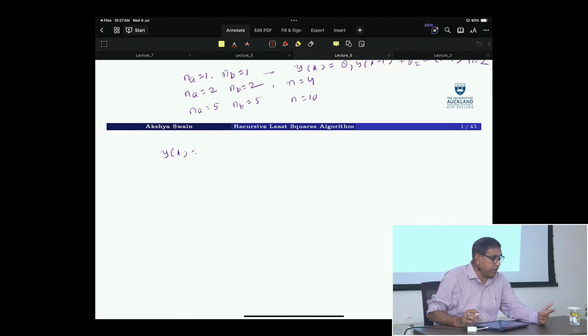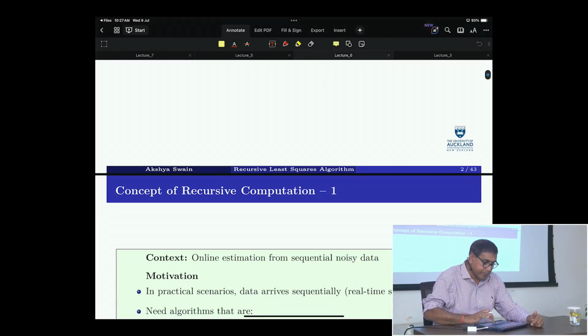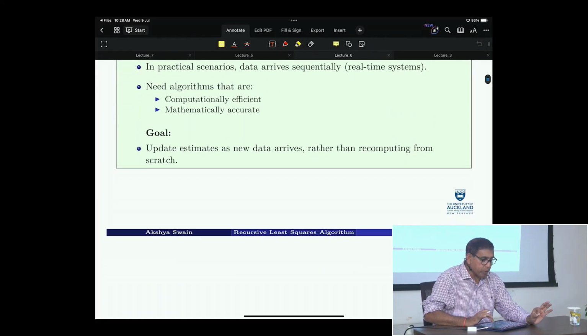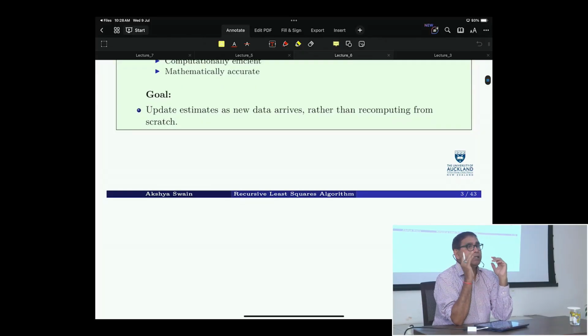Let us see the concept of recursive computation, which is necessary to understand now. Suppose I want to calculate the mean value of a sequence of samples. I have 1000 samples of data. What is the mean value?